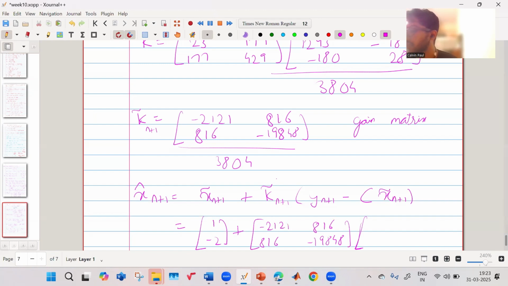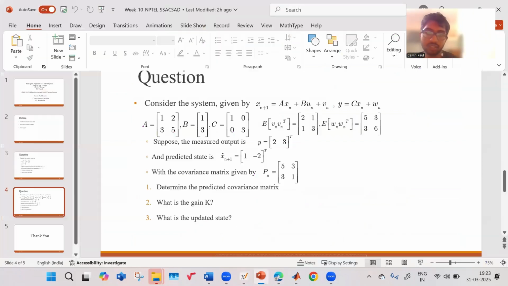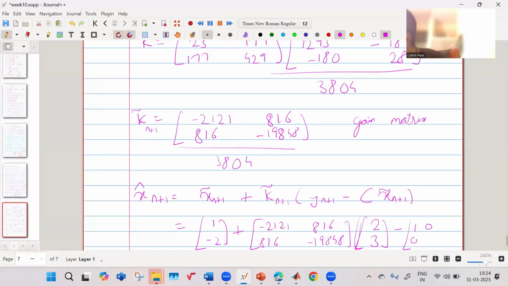Y n plus 1 is what? Y n plus 1 is 2, 3 minus C. C is into x tilde n plus 1. Okay, this C is 5, C is 1003, 1003 into 1 minus 4.